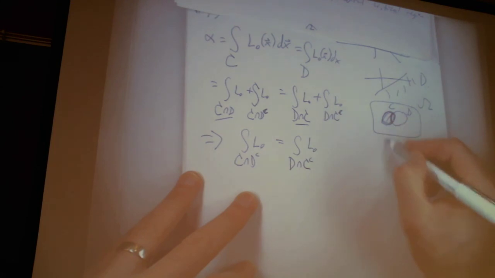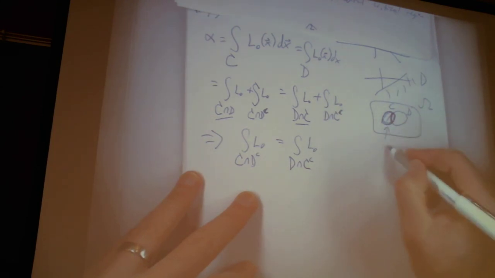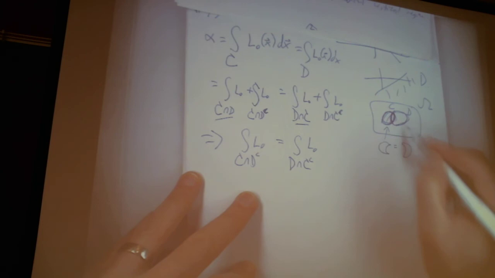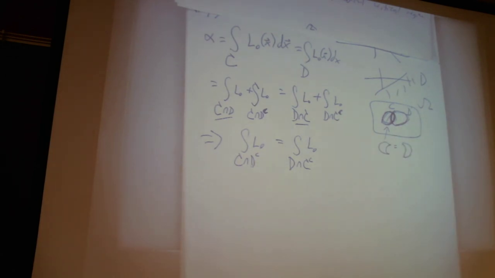In other words, the integral over this region is the same as the integral over this region, where we're in D but not in C. Does everybody see that? Let me go a little fast in the interest of time, and we can do it again on Tuesday. Review the argument.